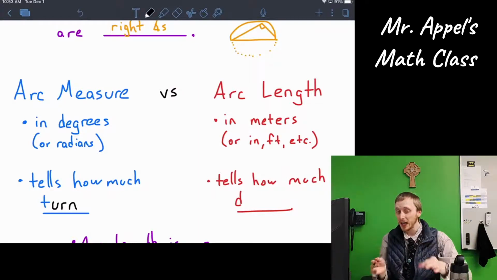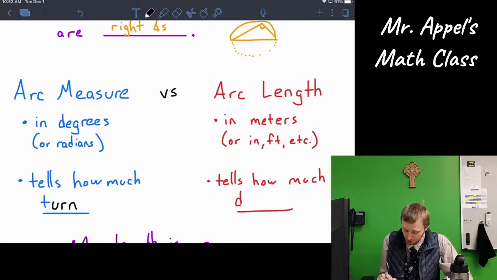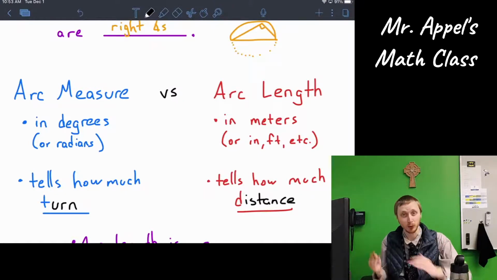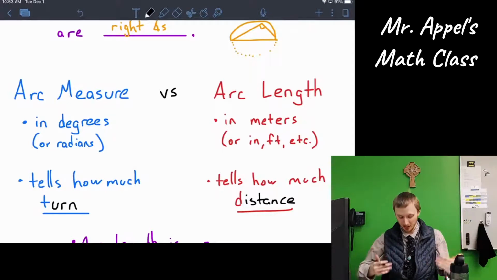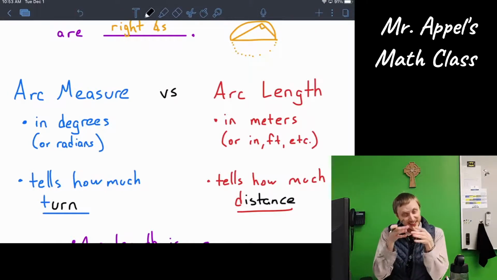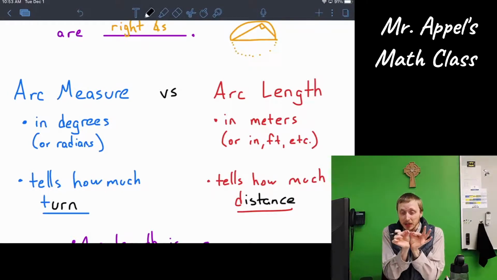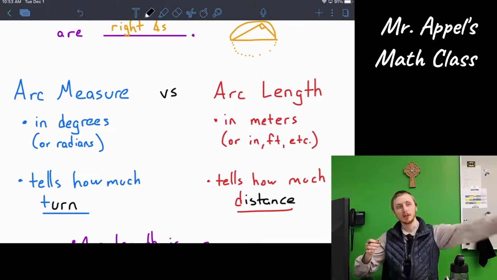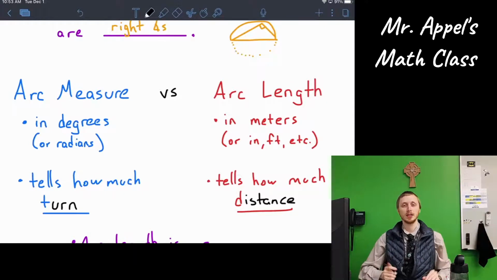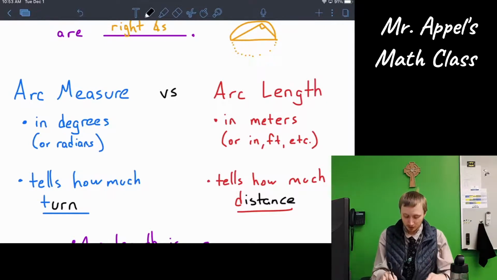The arc length tells us how much distance you traveled while making that turn. So it depends on the size of the circle. A little circle, the arcs are going to have a little arc length. Big circle, it's a big arc length because it's more distance to get around.